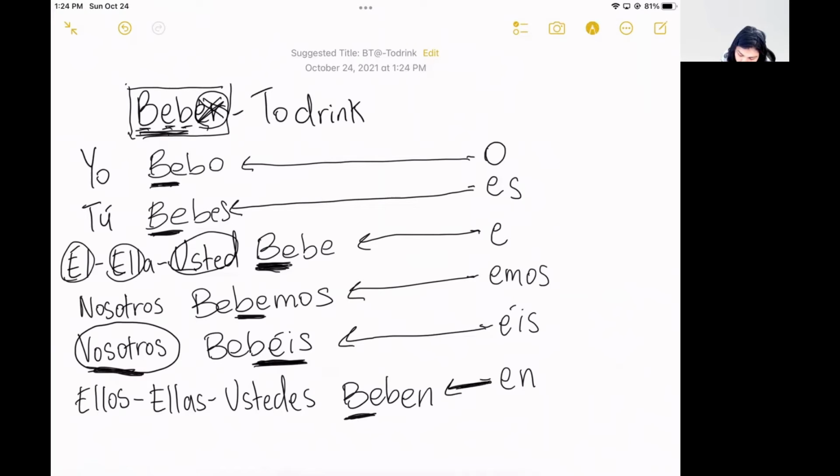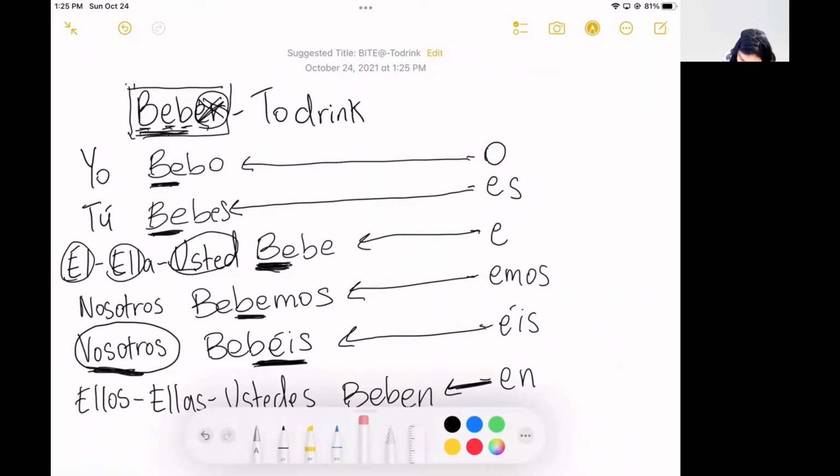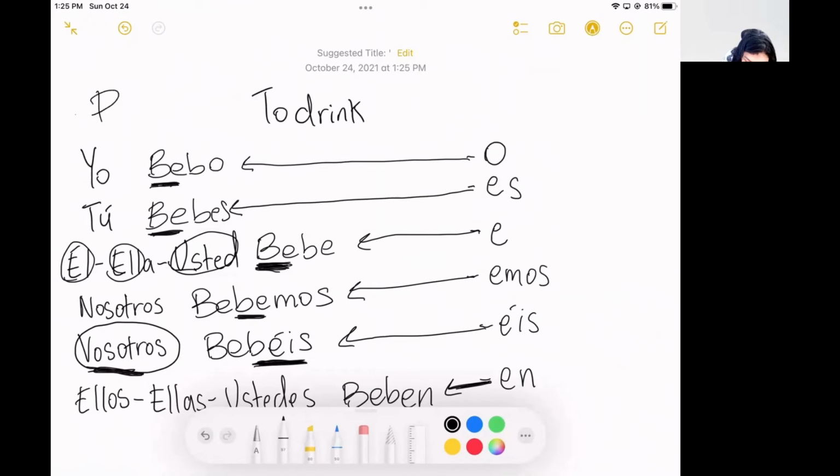Okay, so beben. Let's go back to the top. Remember, we started off with our verb here. Let me erase it because I've done a lot to this verb. So I'm going to write it again. The original verb was beber, to drink. Now we learned that to conjugate ER verbs, we have to take away the ER.